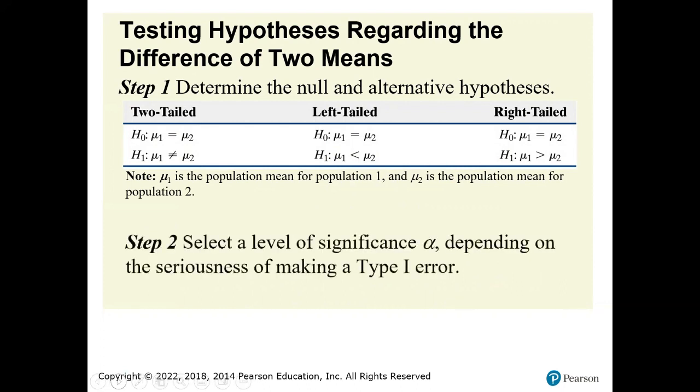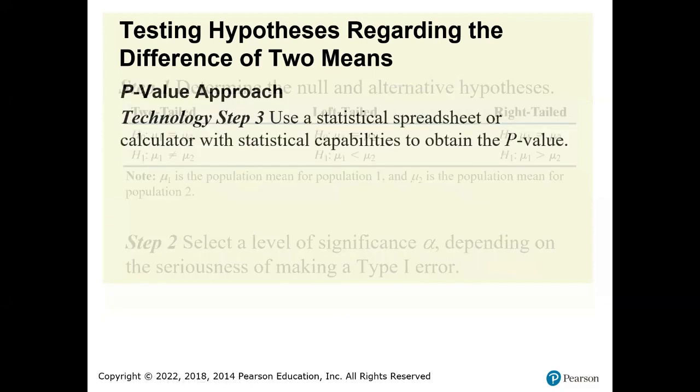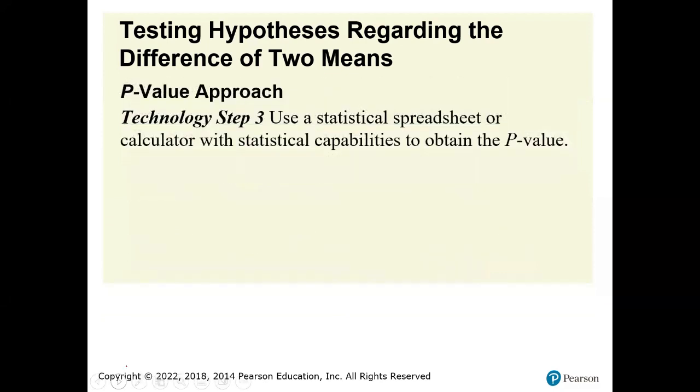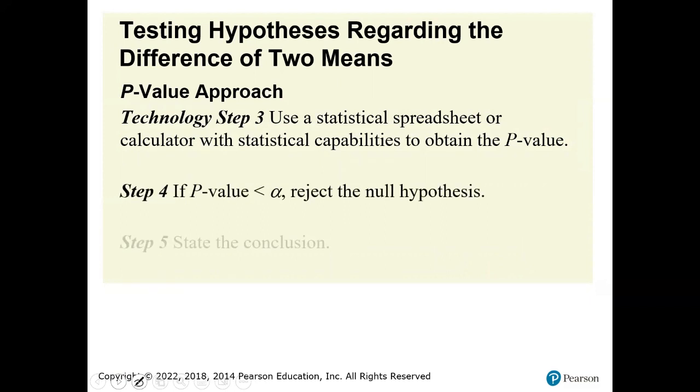We then have our level of significance, and get our p-value. If p is less than alpha, we reject our null hypothesis and state our conclusion. Let's do some examples.